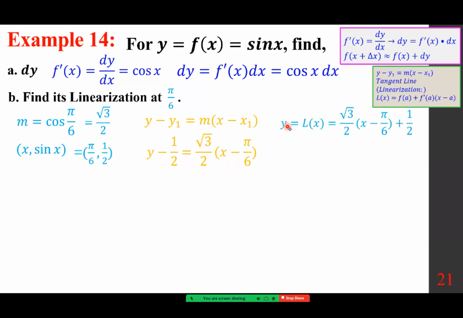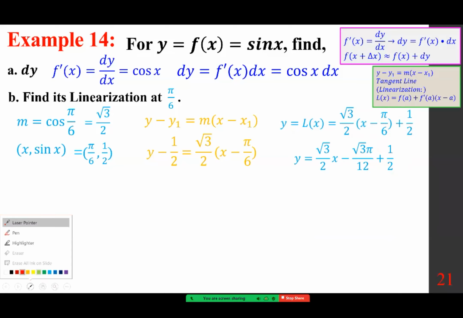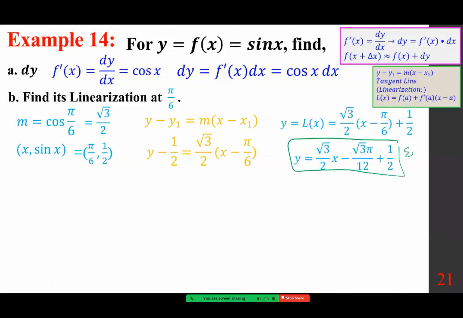Move the negative 1/2, make it plus 1/2. And if I distribute this, I get square root of 3 over 2 times x, minus square root of 3 pi over 12, plus 1 over 2. And if I keep it like that, this is exact, class. I'm not changing anything. I'm just keeping it as an exact answer.